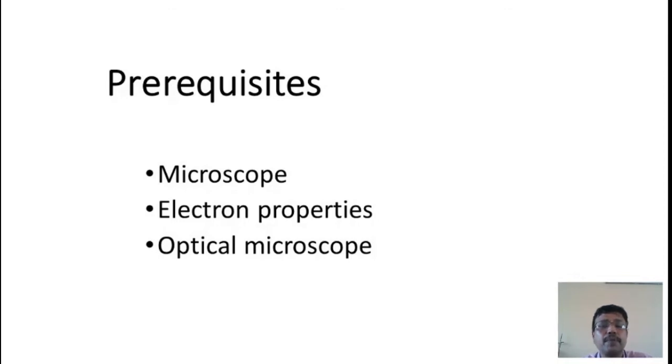It travels almost at the speed of light, 0.98 c, where c is the speed of light. It is deflected in the presence of electric as well as magnetic fields. Therefore, in an electron microscope, the electron beam is focused using magnetic lenses; ordinary lenses are not used to focus the electron beam. So these are the properties of the electron.